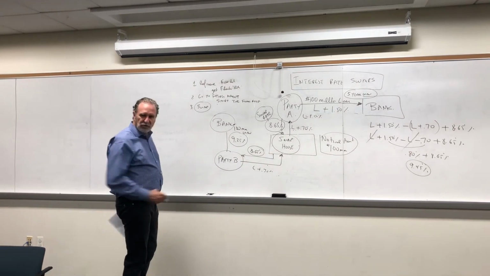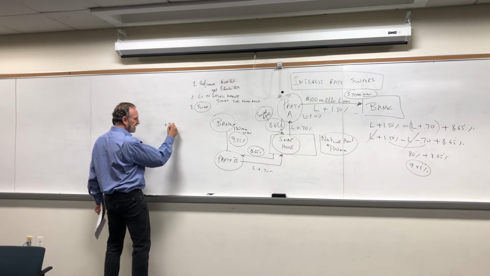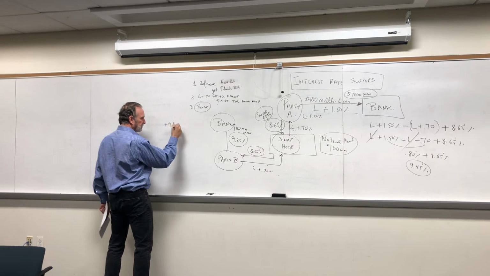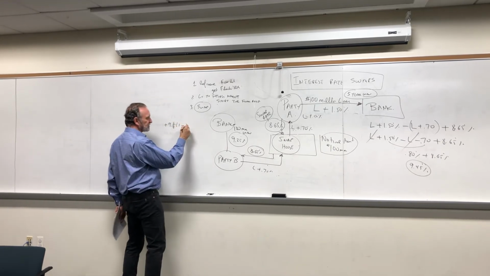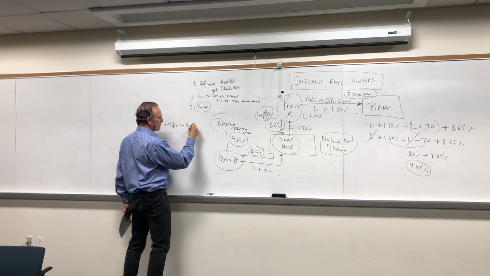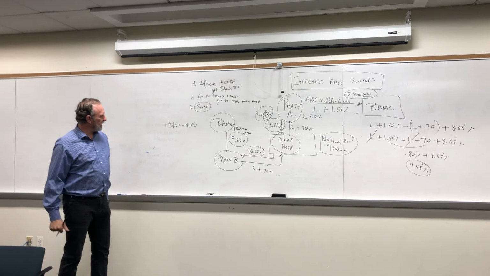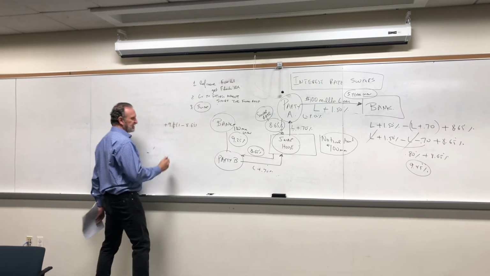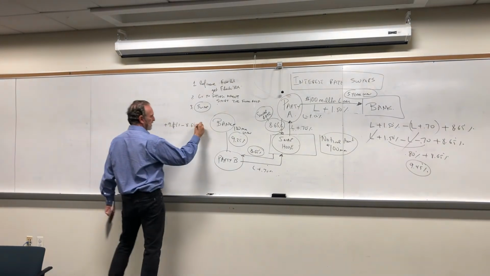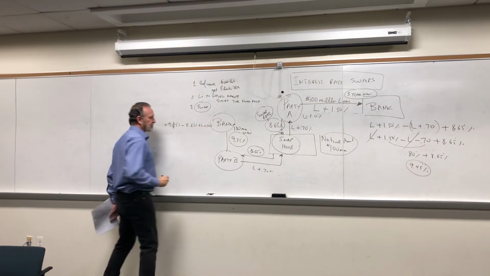So let's look at the equation. They still pay 925 to the bank. That's not going to stop. But they receive 865 fixed from party B. And they have to pay LIBOR plus 70 basis points.